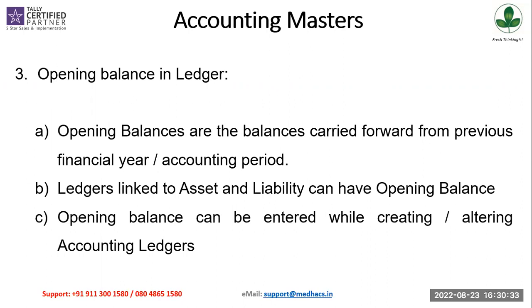For example, on 1st of April 2022, we move to a new financial year, which is called financial year 22-23. Prior to that, I was in the financial year 21-22. Now, as an accounting process, we need to transfer all the balances of assets and liabilities to the new financial year as opening balance. All right.